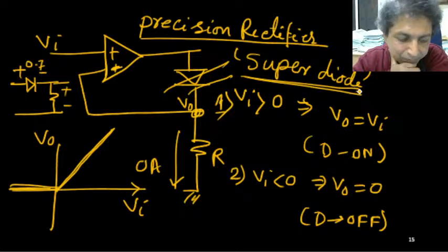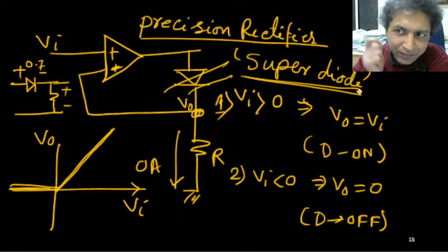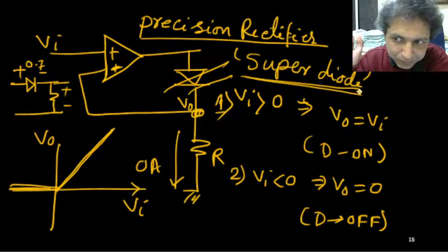Any question? So this is a better or perfect half wave rectifier. I can use a practical diode, doesn't matter. The op-amp will take care, and I will get full voltage for the positive half, and for the negative half it is absolutely 0. That's how it is called a precision rectifier.